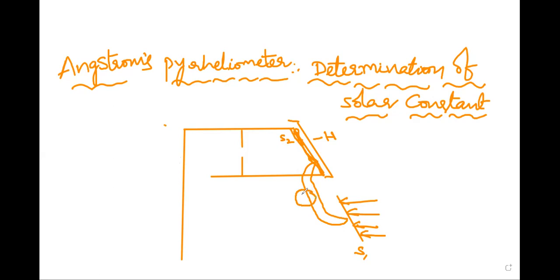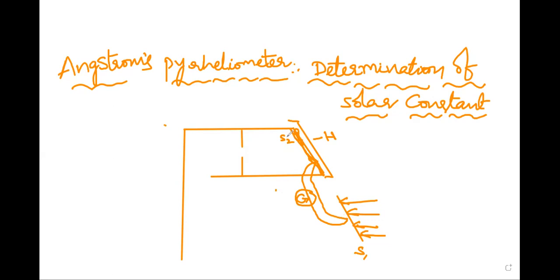A galvanometer G is connected through this wire. The thermocouples consist of one copper wire and another constantan wire, so these are two different wires, through the galvanometer G.